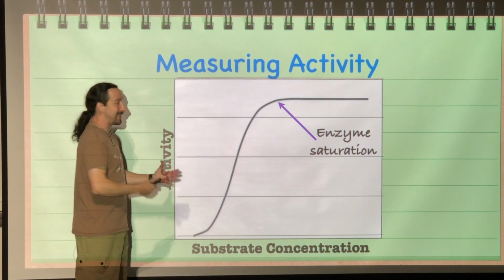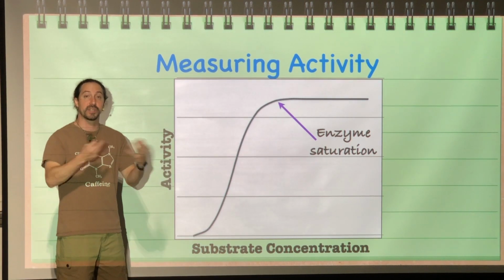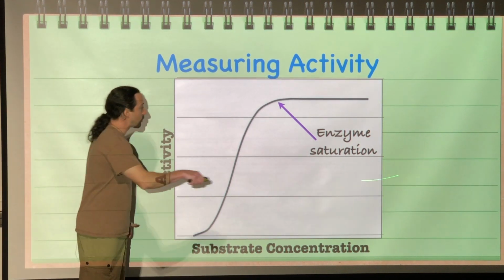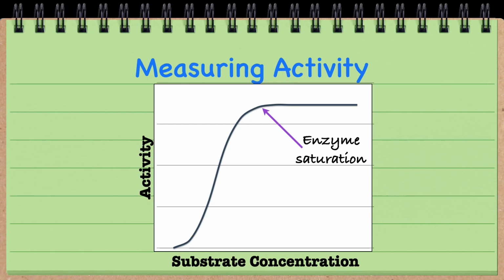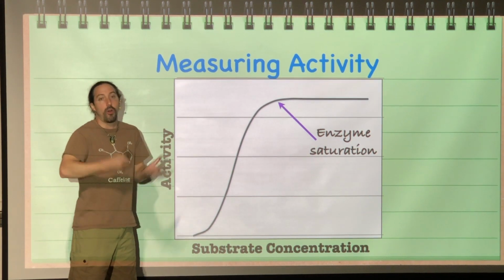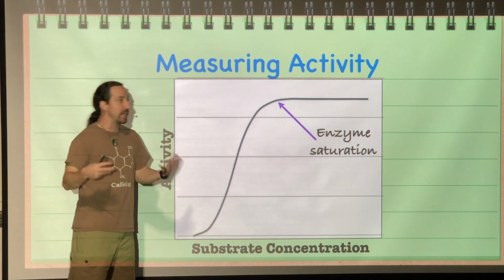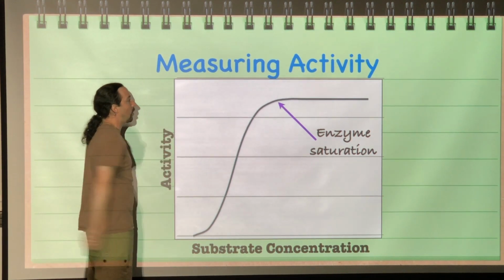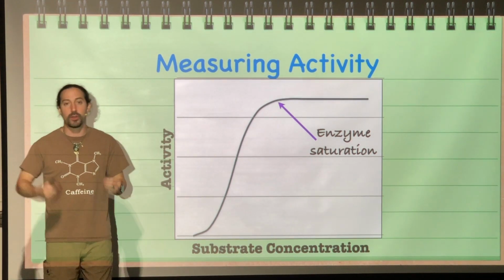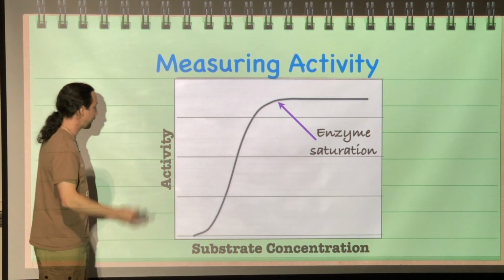And so that means that those substrates are just going to be sitting until an active site ends up being open. And that's what we call enzyme saturation, where no matter how much more of our substrate we add, the enzymes can't work any faster than they're already working. They're all working as fast or as quickly as possible. That would be called enzyme saturation. There is no empty enzyme that can act faster.